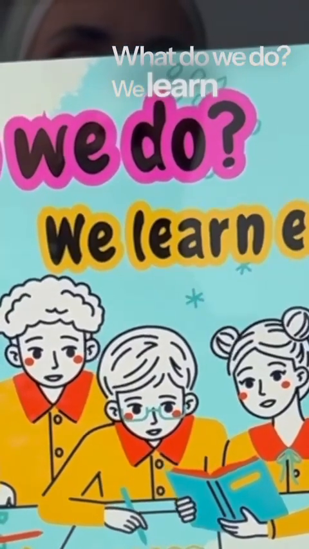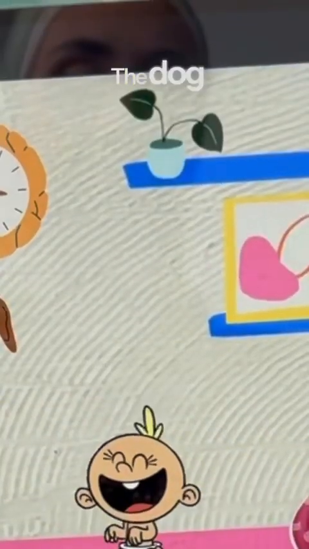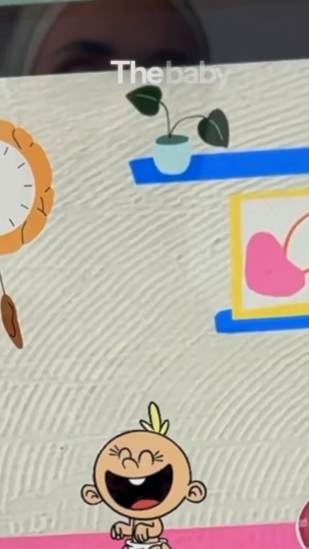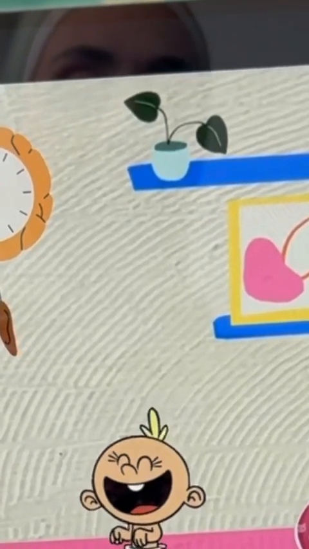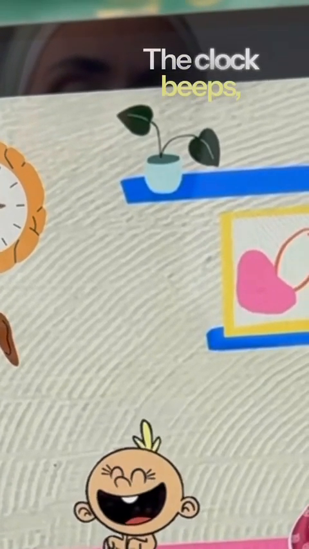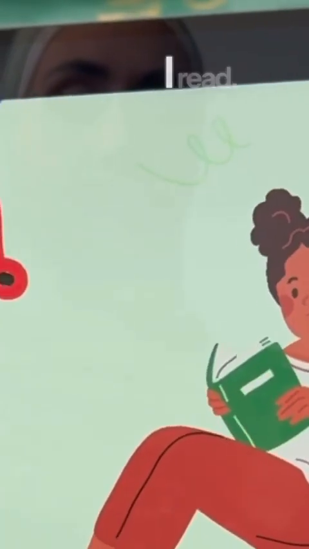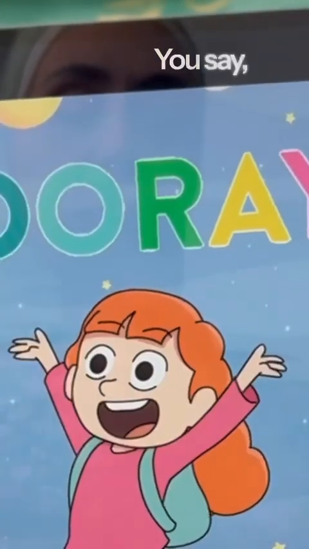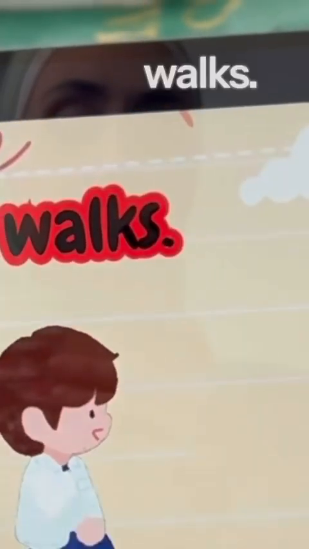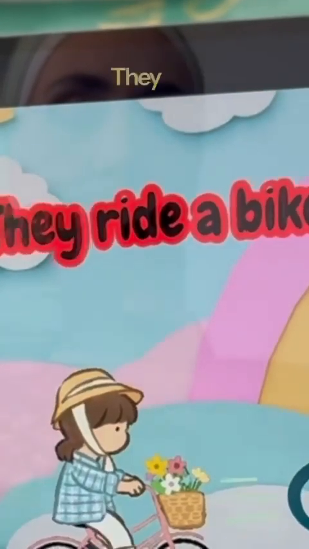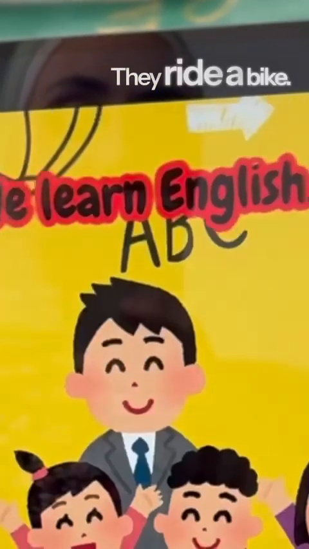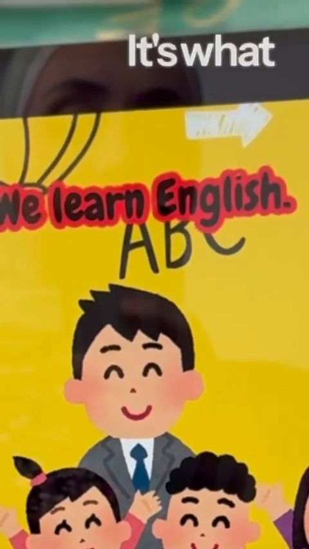We learn each day. The dog barks, the cat sleeps, the baby laughs. The clock beeps, beeps. I jump, I draw. You sing, you clap, you say, hurrah. He walks, she talks, they ride a bike. We learn English, it's what we like.